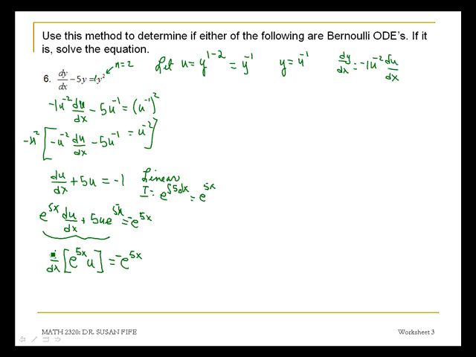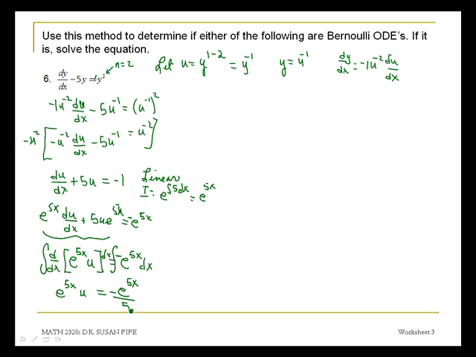To get rid of this derivative, you want to integrate both sides with respect to x. And on the left side of the equation, you get e to the 5x times u. On the right side of the equation, when you integrate an exponential with a linear exponent, you get back that same exponential, but you need to divide by the coefficient of x.